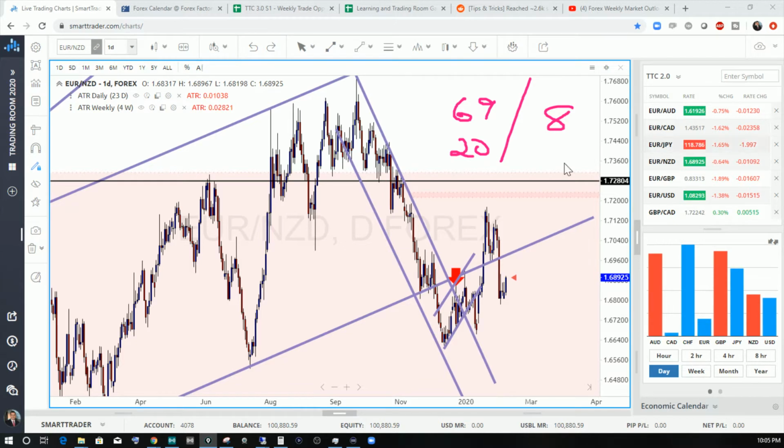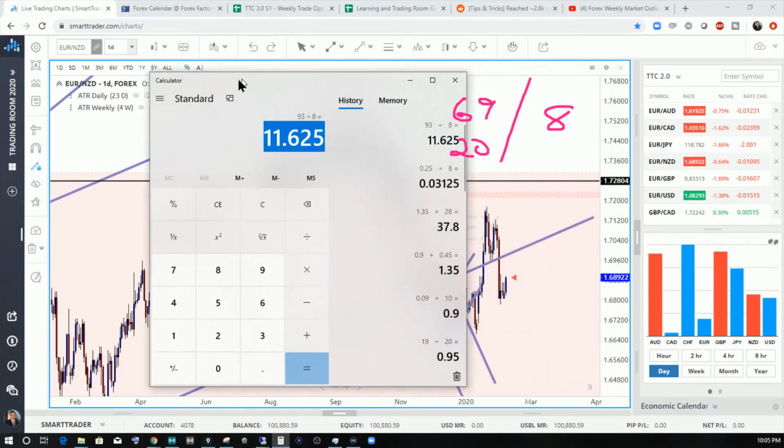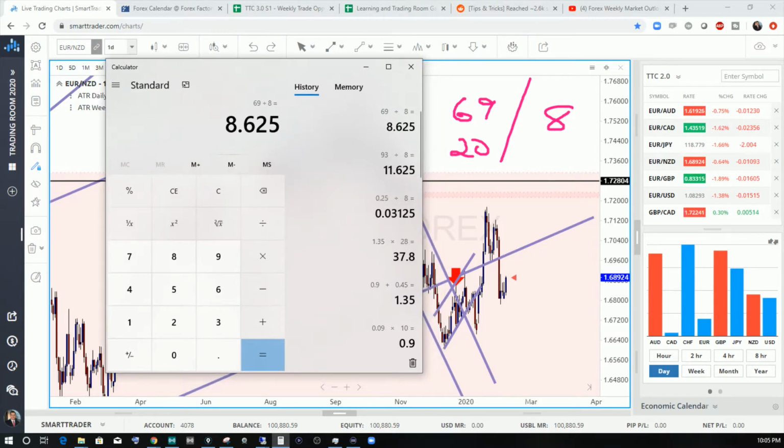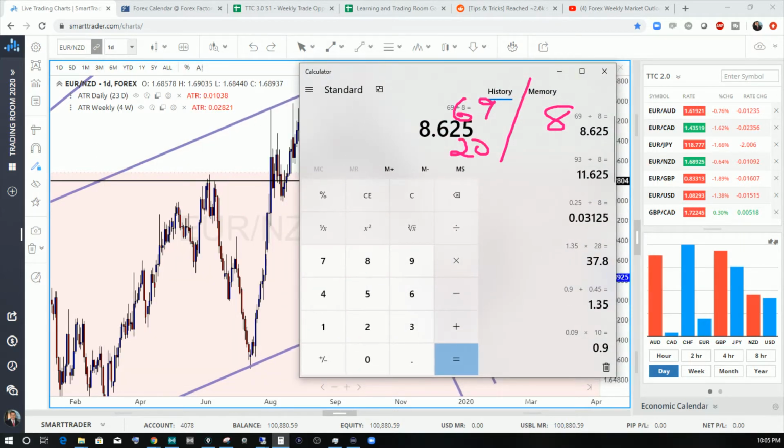What am I going to get right here? 69 divided by 8 puts me at 8 point something. Alright, so that gives me a max drawdown of about 8% on total positions, and that's my worst case scenario. I can deal with an 8% drawdown. Now that's dividing by 8, right? So whatever my drawdown is, I divide it by 8.